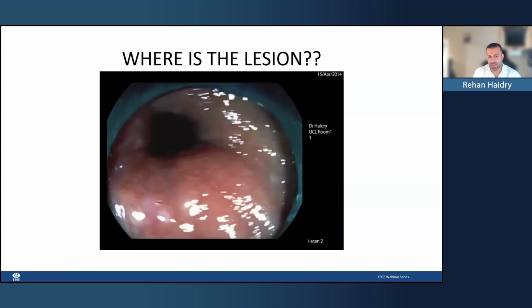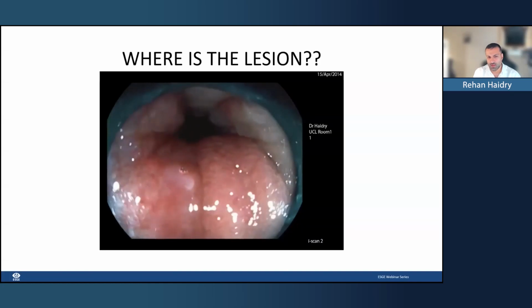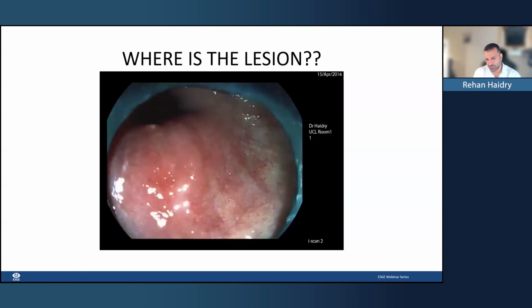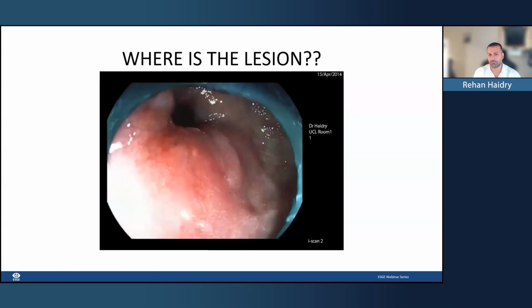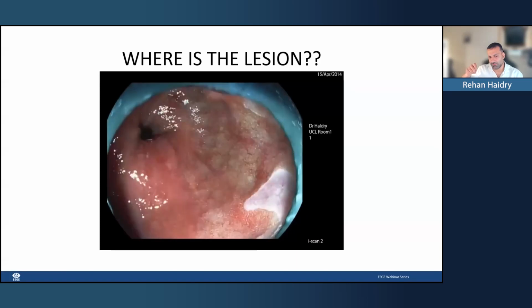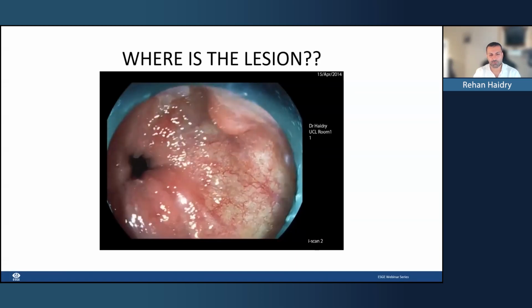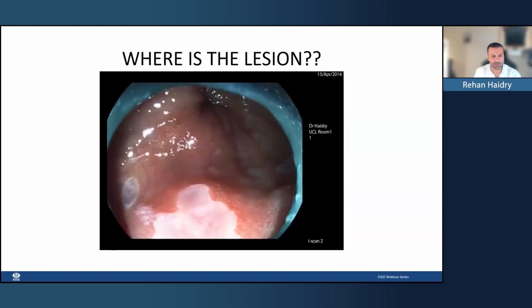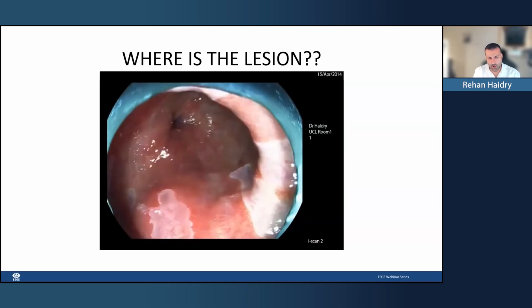Ladies and gentlemen, actually now when you look at the lesion and the esophagus in a little bit more detail, and if we give ourselves a little bit of help and we spray a bit of boring vinegar or acetic acid, which we can get from the canteen, all of a sudden we get a lot more information.